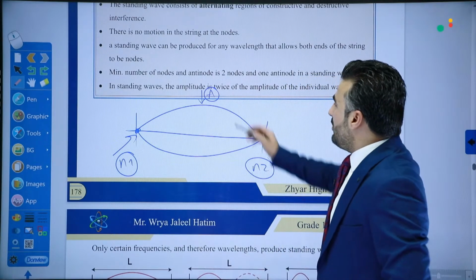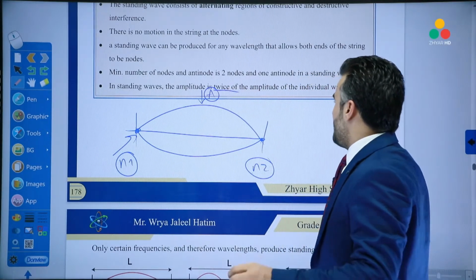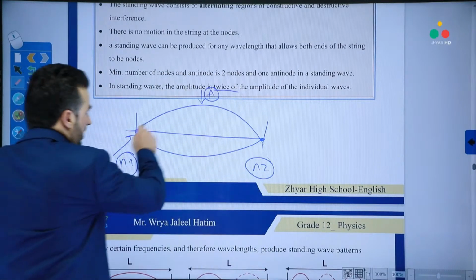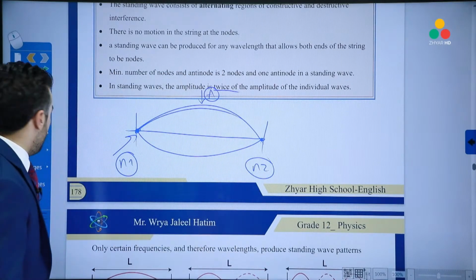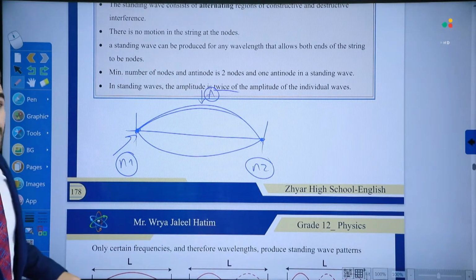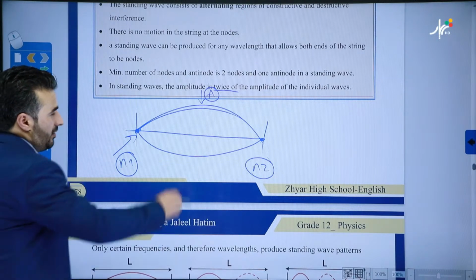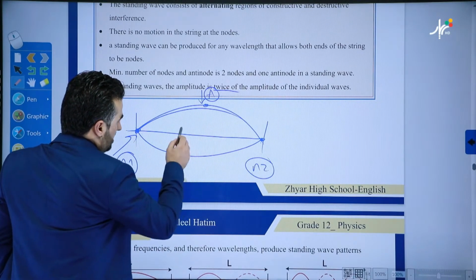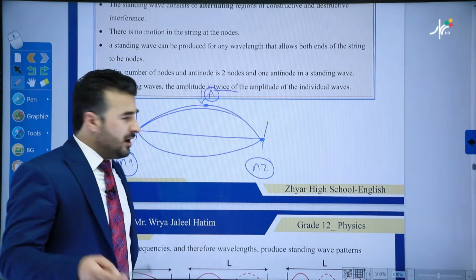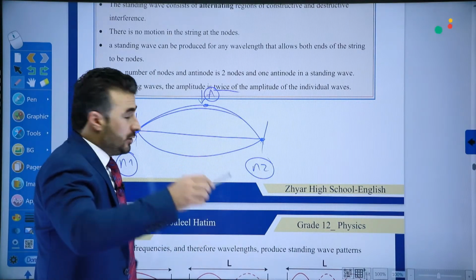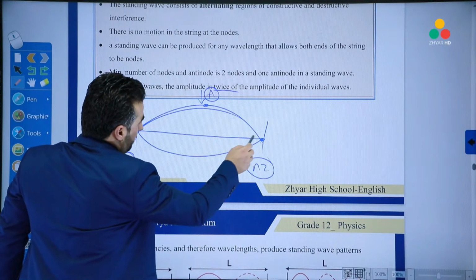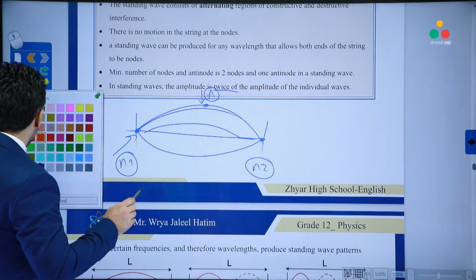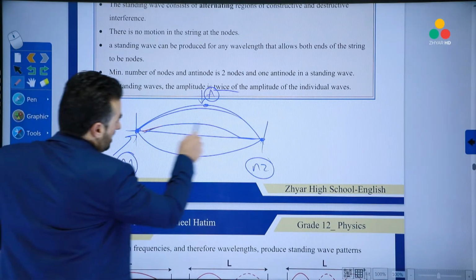In standing waves, the amplitude is twice the amplitude of the individual wave, as you can see here as well. If you have one wave that is this, of course you can say the amplitude is going to be twice, by the way. So if this is the resultant, then one of the waves was like this, and the other wave, let's say, was like this.